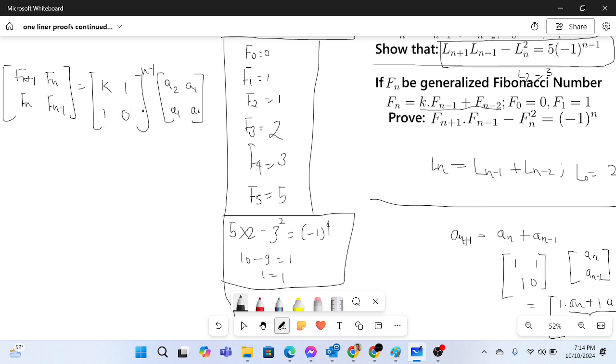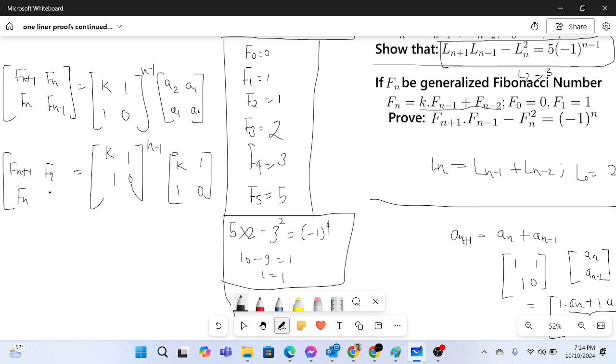And now we know that the first few numbers, this will be to the power n minus 1, a0 is just 0, this is 1, 1, and k times 1 plus 0 will just be k. This will give us the nth generalized Fibonacci numbers.